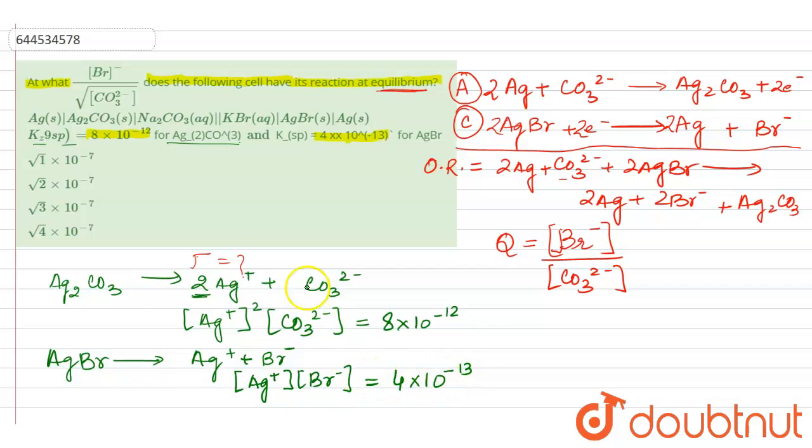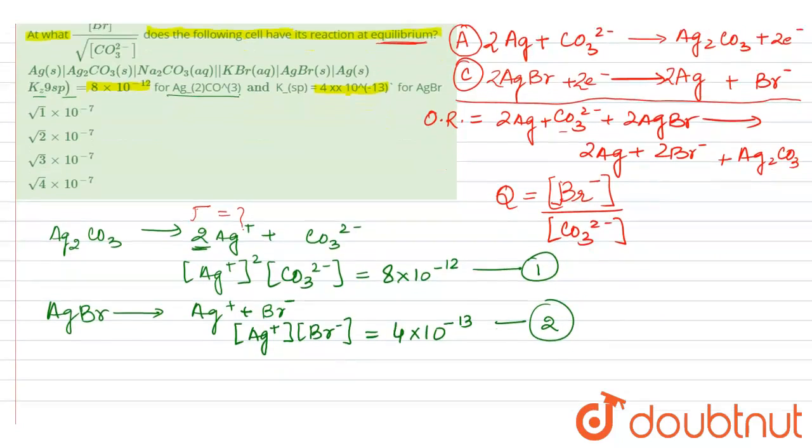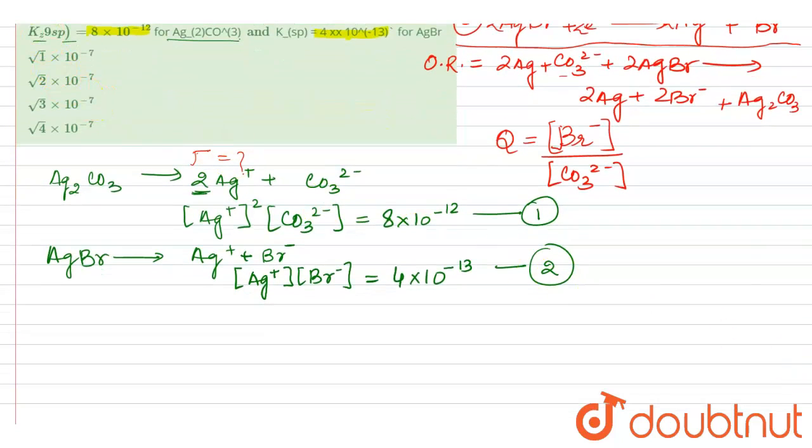Now, they are asking the concentration of Br minus divided by the square root of CO3 2 minus. So first of all, suppose this is equation 1 and this is equation 2. Now we will take the square root of equation 1 and divide equation 2 by it. This is the basic equation written.